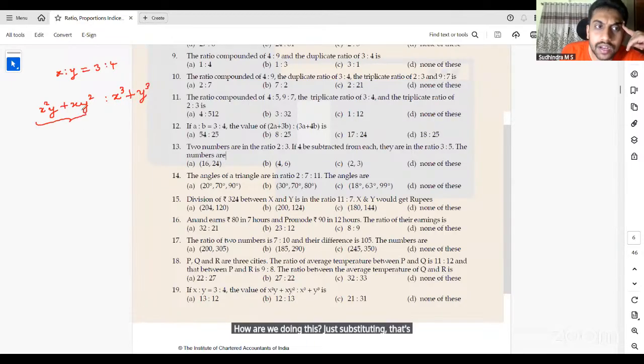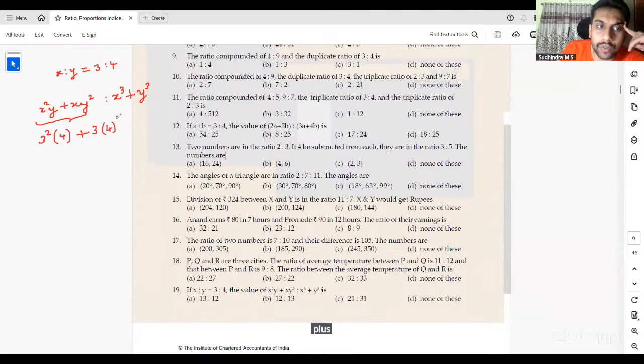Here, 3 square into 4 plus 3 into 4 square is to 3 cube plus 4 cube. 3 square is 9, 9 4s are 36. 4 square is 16, 16 3s are 48. 3 cube is 27, 4 cube is 64. 36 plus 48 is 84, 27 plus 64 is 91. 84 is to 91.